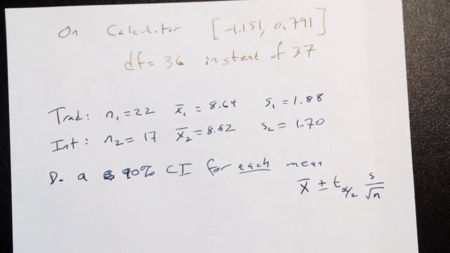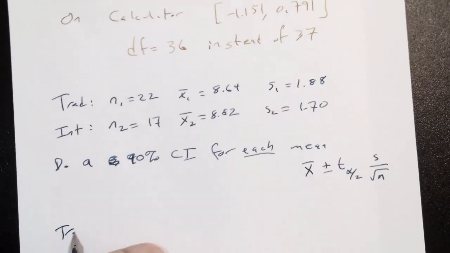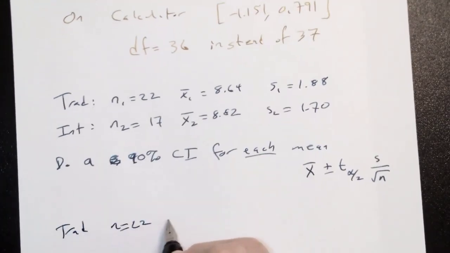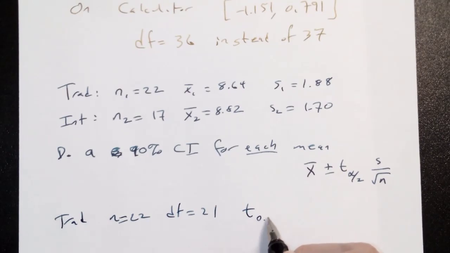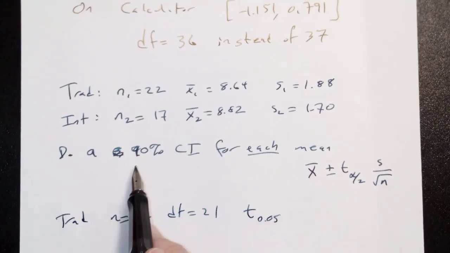I'm going to do this one by hand because I have the t-table sitting right here in front of me. First group, n is 22. So for the traditional, that means the degrees of freedom is 21. And so I need T 0.05.